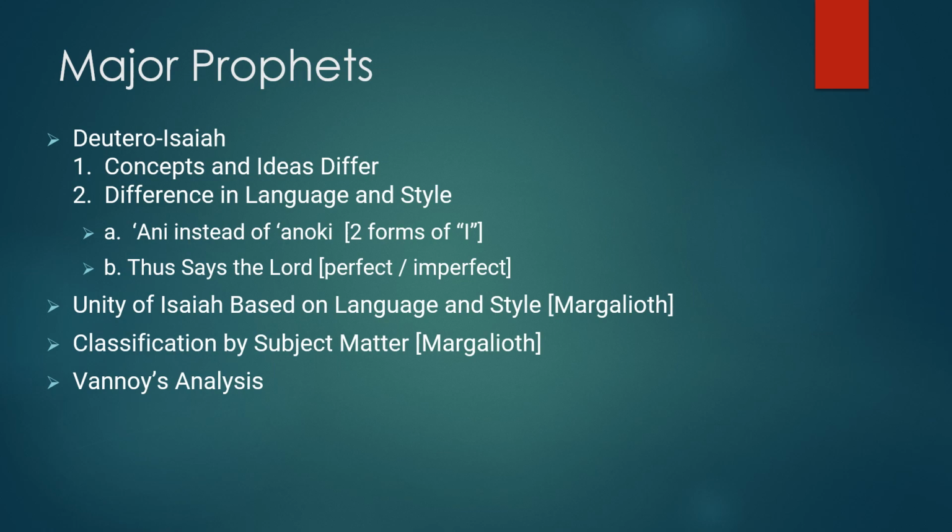You can't prove that there are two different authors because you find some evidences of differences in language and style. What constitutes such a difference in language and style that would force you to the conclusion that you must have two different writers? I'm sure that if you took your own writing from 15 years ago and compared it with something you were writing today, you would find some differences. And yet, you did write both.